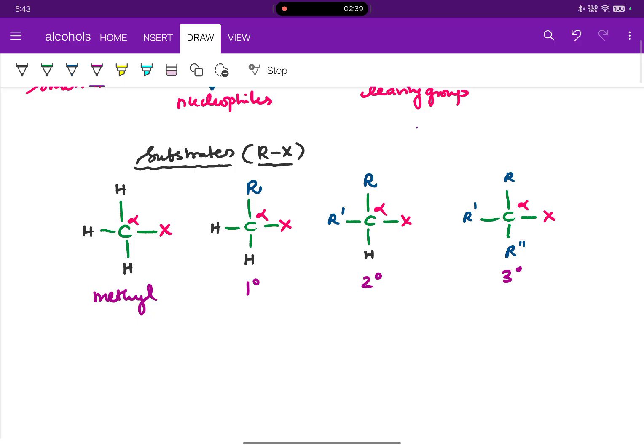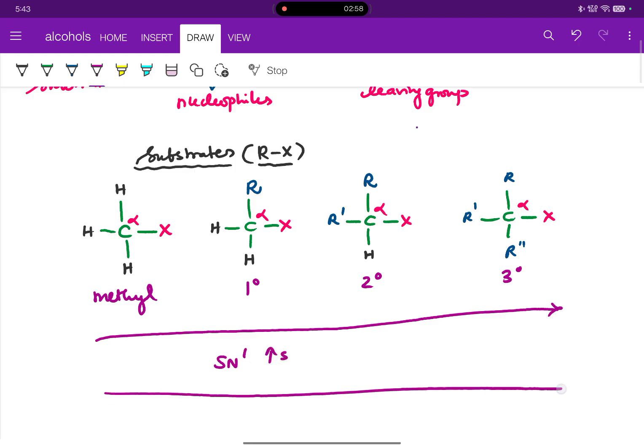It's a very clear point that I already told you, that in a substitution nucleophilic unimolecular reaction, the reactivity will go from methyl to tertiary. So from here to here, SN1 increases, while in the backward direction, SN2 increases.